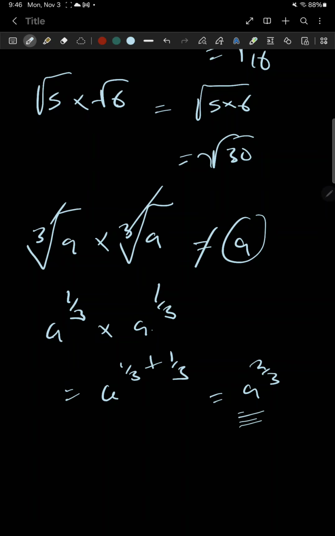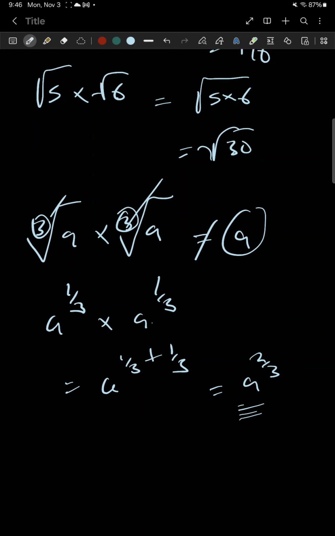So the square roots cancelling out when they are multiplied only applies to square roots. It doesn't apply to cube roots, 6th roots, all those things. Even for 4th roots, it does not apply. I hope I'm making sense.